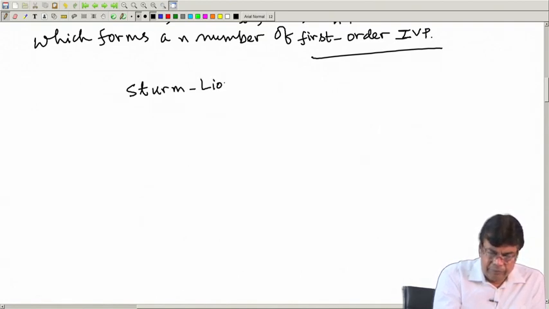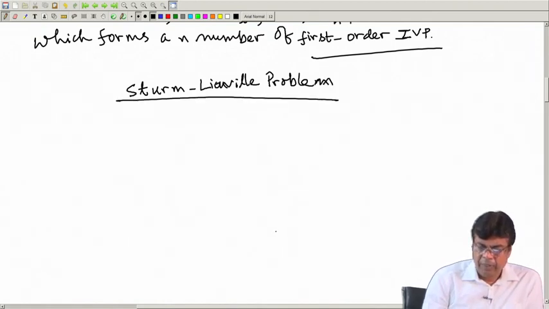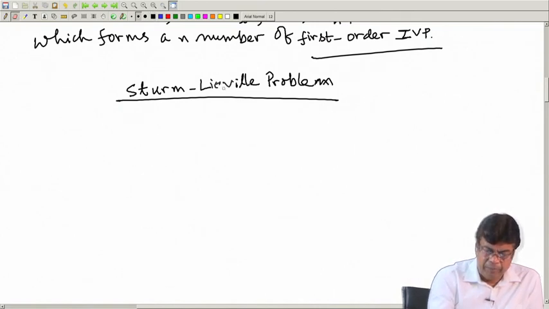So, we consider this Sturm-Liouville problem. This is in general classified as the Sturm-Liouville problem.